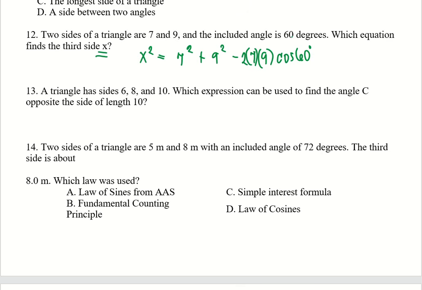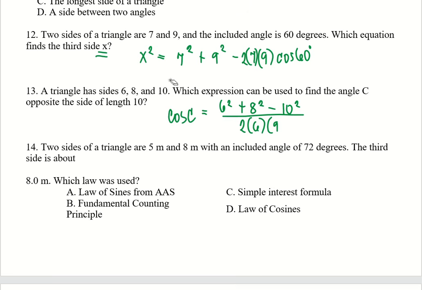13. A triangle has sides 6, 8, and 10. Which expression can be used to find the angle C, the angle opposite the side of length 10? Okay, so let's have cosine C is equal to 6 squared plus 8 squared minus 10 squared over 2 times 6 times 9.